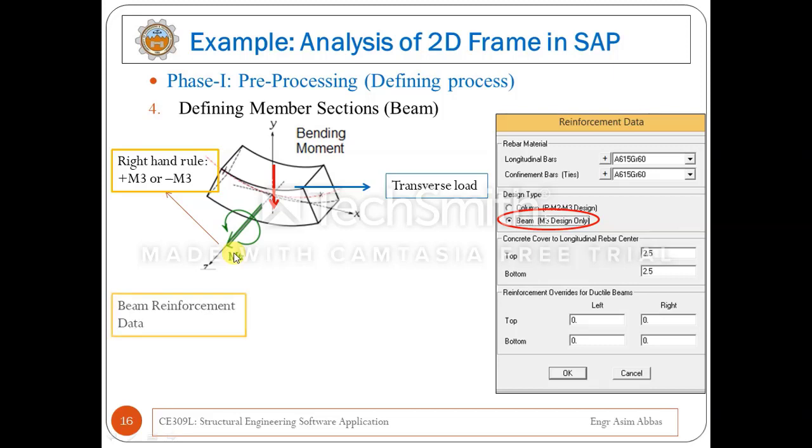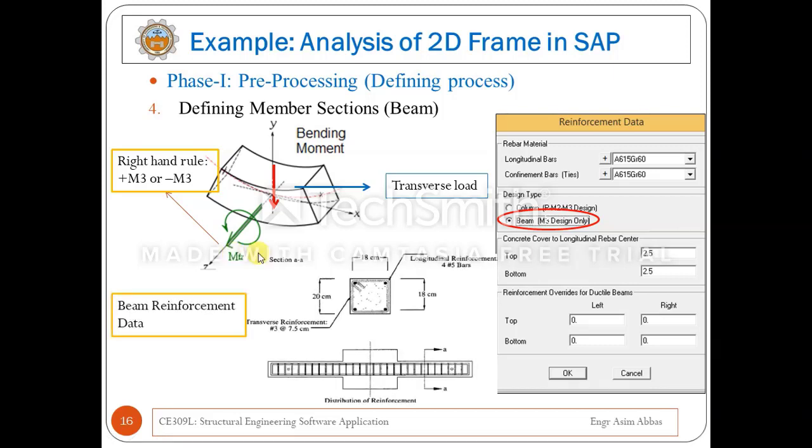Now the beam reinforcement data. This is a beam reinforcement detailing, right? Here is the longitudinal reinforcement and the transverse reinforcement. The longitudinal reinforcement is actually the main reinforcement. It is provided for bending moment resistance.